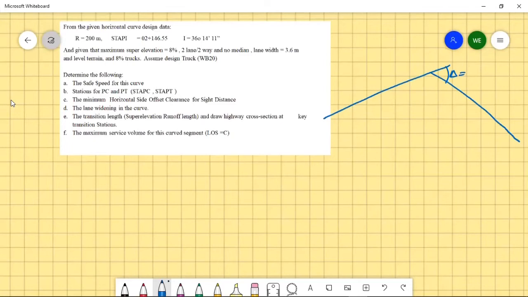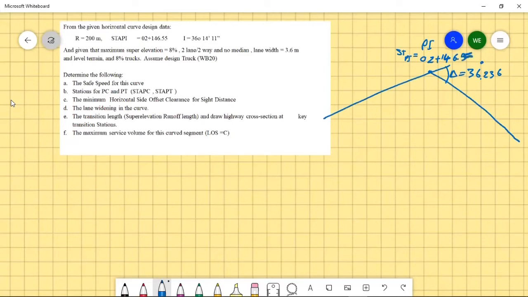So this is 36 degrees point 236. So that's the point of intersection, that's PI. That station equals 0, 2 plus 1, 4, 6.5, 5.